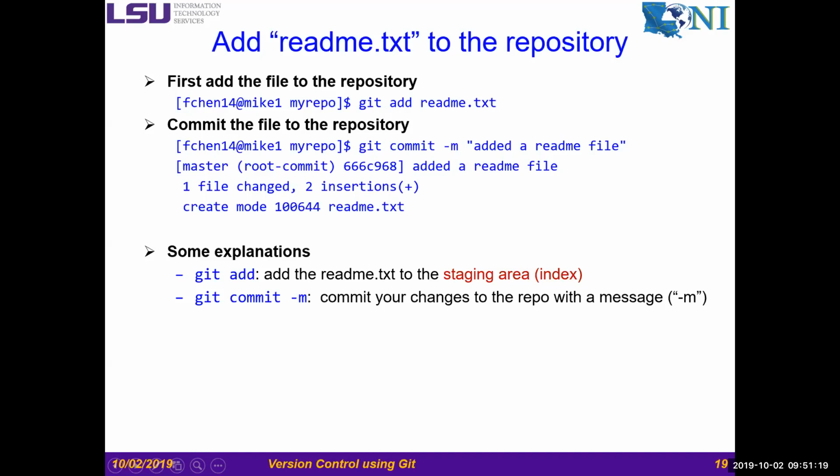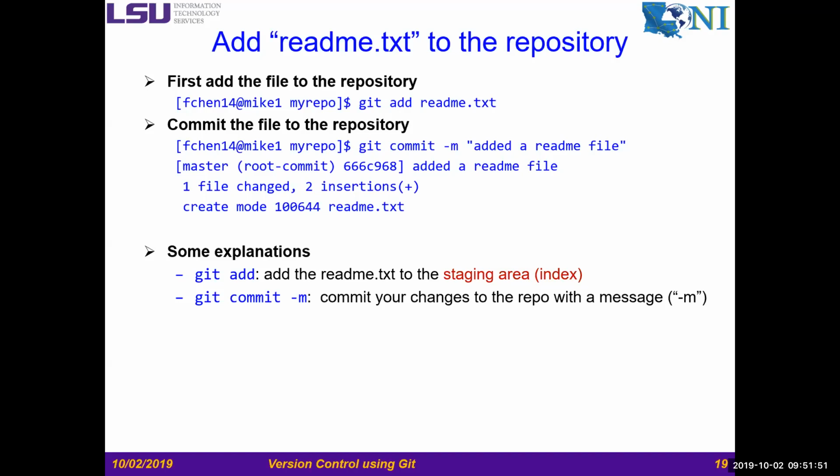By default, it will always ask you to provide a piece of information to tell you and everyone else who works with the repository what you were doing. So please provide meaningful information for this message. Maybe after a while, when you go back to the version history, you have no idea what you were doing.